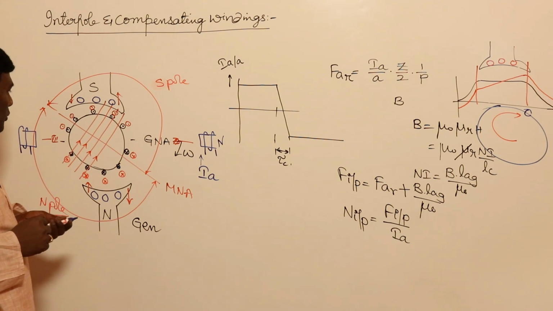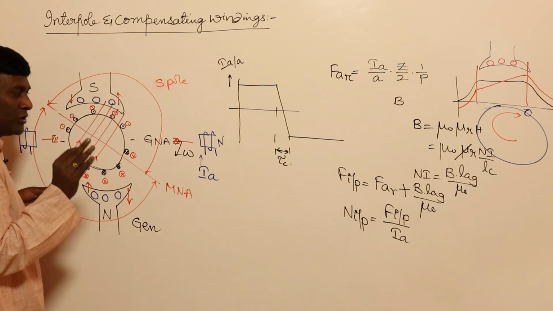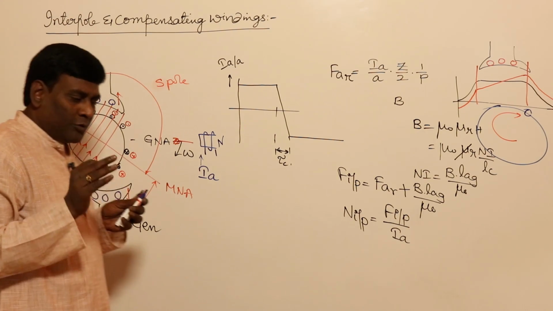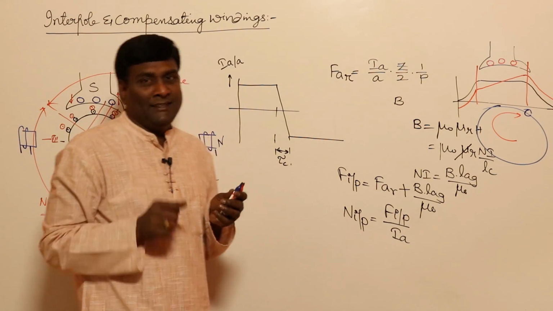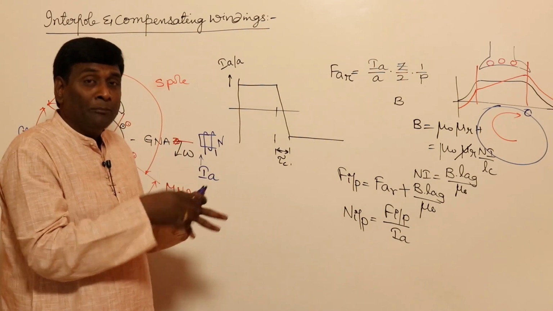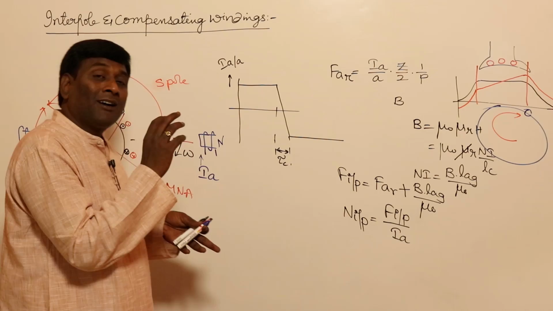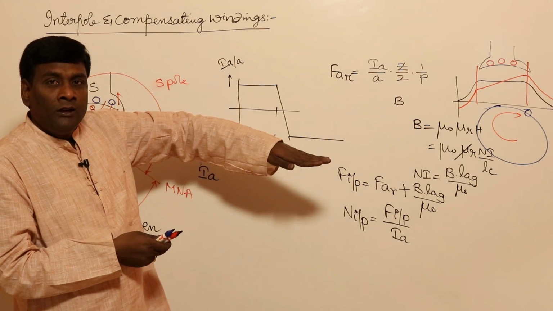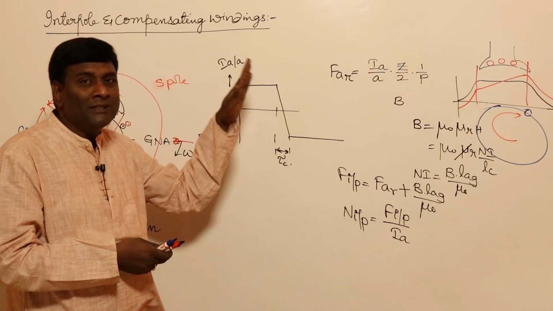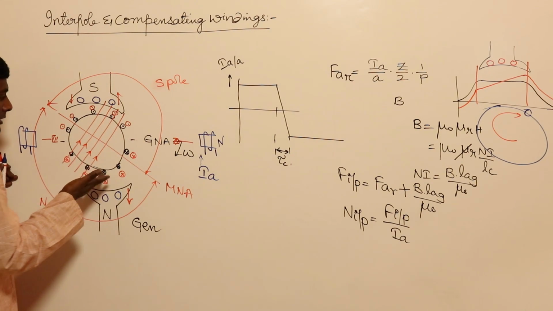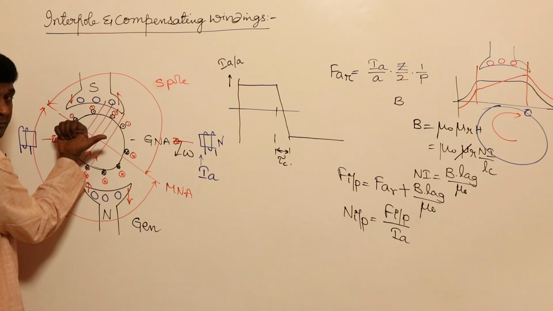Now if you think of the cross magnetizing ampere turns, this variation is coming only because of the cross magnetizing ampere turns. So in order to compensate the cross magnetizing, for example, this is going to be cross, this is going to be dot.